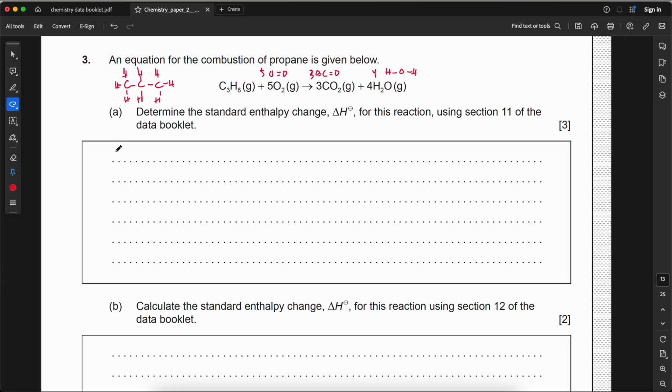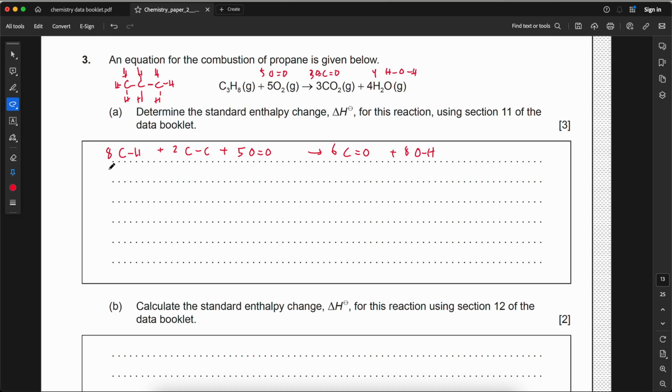Then we can calculate here would be 8CH plus 2CC plus 5O=O, and so this CO2 is 2, so it will be 6CO, and the same with OH, so 2 times 4, 8OH.